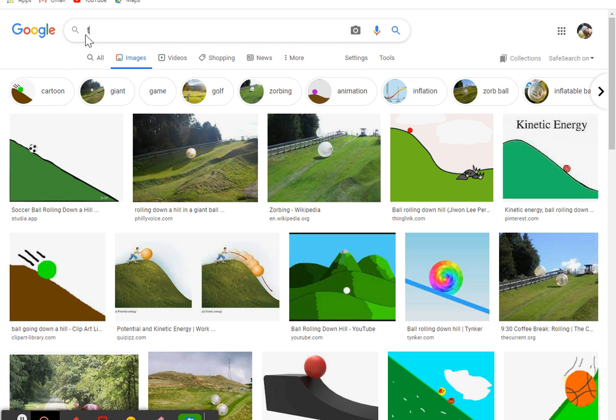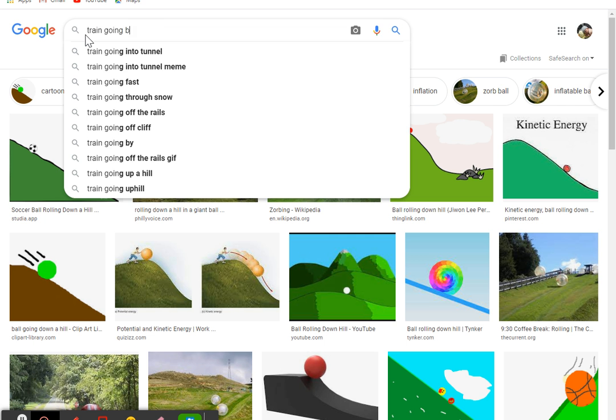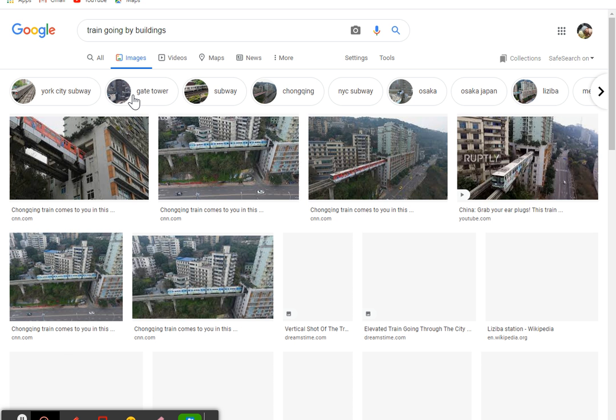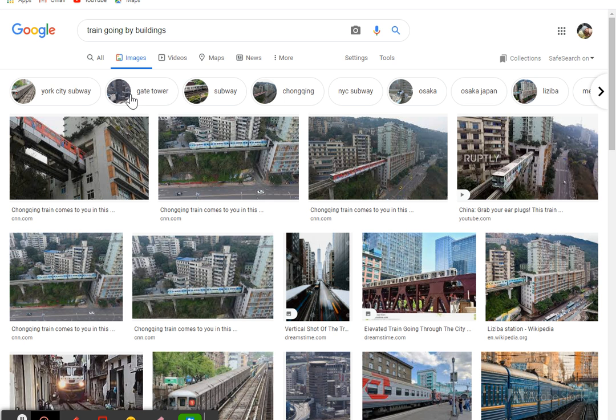So yes, a train going by buildings. All right, that's a good example. And the same thing, if you found a car driving by a tree, that would be another good example. Something that we know is not moving.